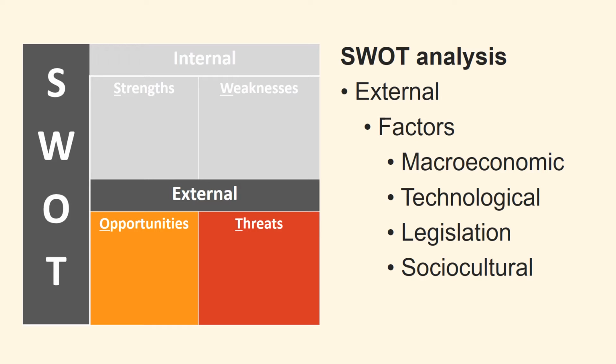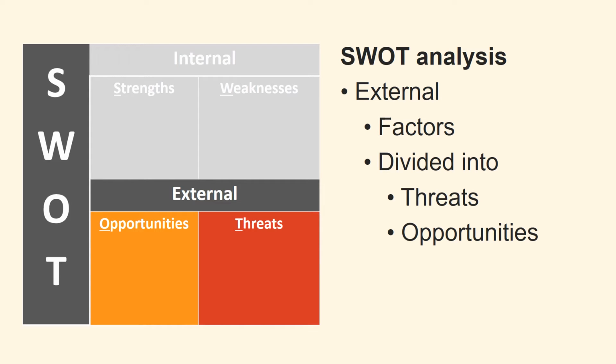External factors may include macroeconomic matters, technological change, legislation and socio-cultural changes, as well as changes in the marketplace or in competitive position. These external factors are divided into threats and opportunities for the company.